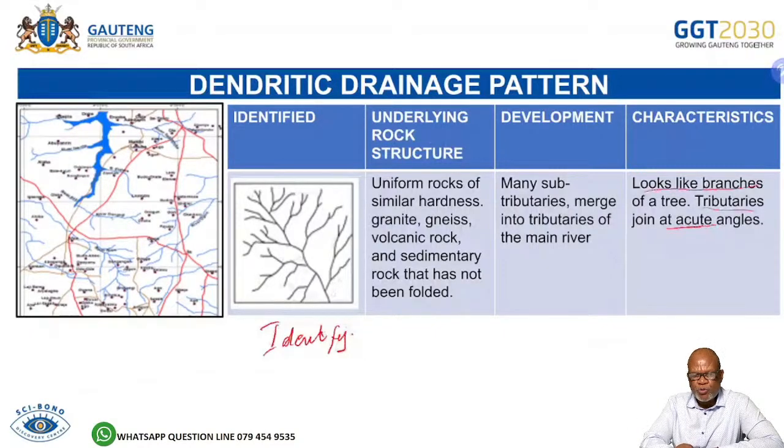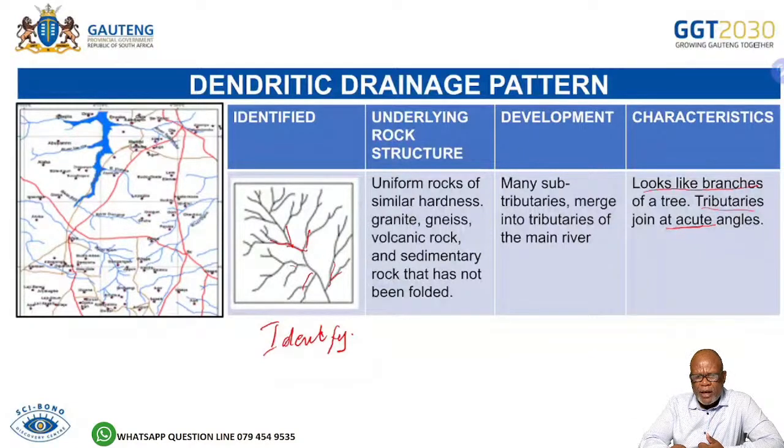The question could be saying, identify the drainage pattern. You say it's dendritic, and now give a reason. Why do you say it's a dendritic pattern? Because it looks like the branches of a tree. And then you can say the tributaries, here are your tributaries that are joining the main stream at the acute angle.